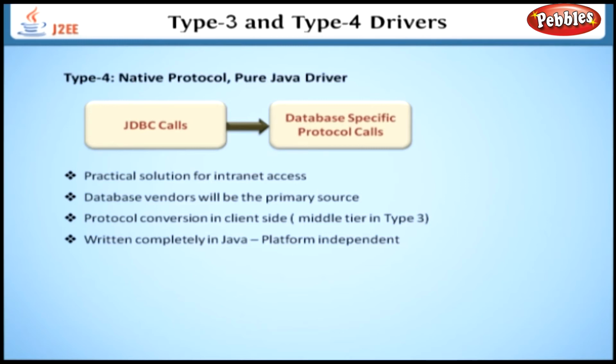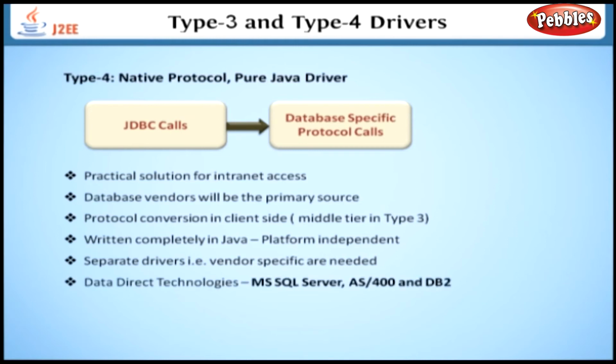As the database protocol is vendor-specific, separate drivers, usually vendor-supplied, need to be used to connect to the database. For example, DataDirect Technologies provides Type 4 drivers for various databases such as MS SQL Server, AS400, and DB2. Sun encourages using Type 4 drivers in our applications.